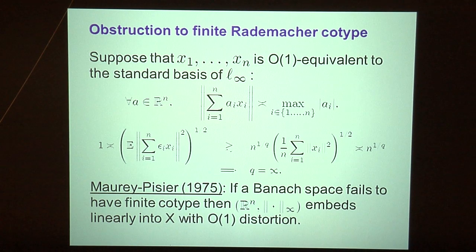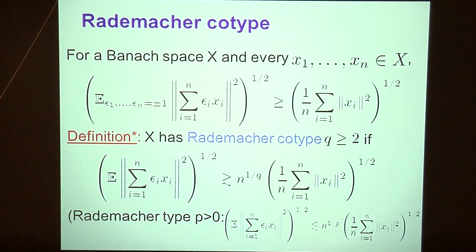Okay, so L infinity is a universal object. So in other words, for a Banach space, either the trivial inequality cannot be improved, and it's universal, or it's not universal.